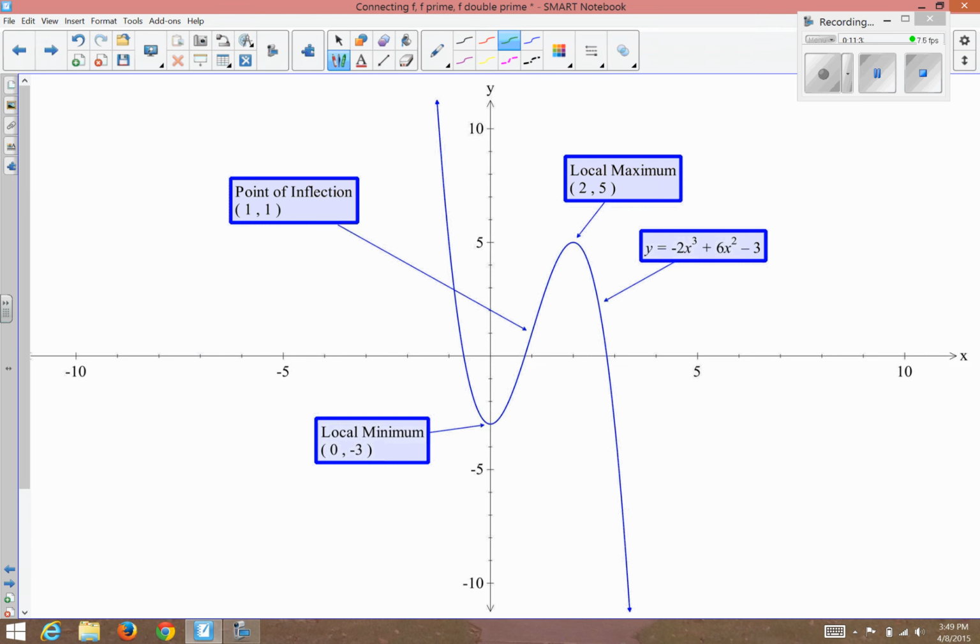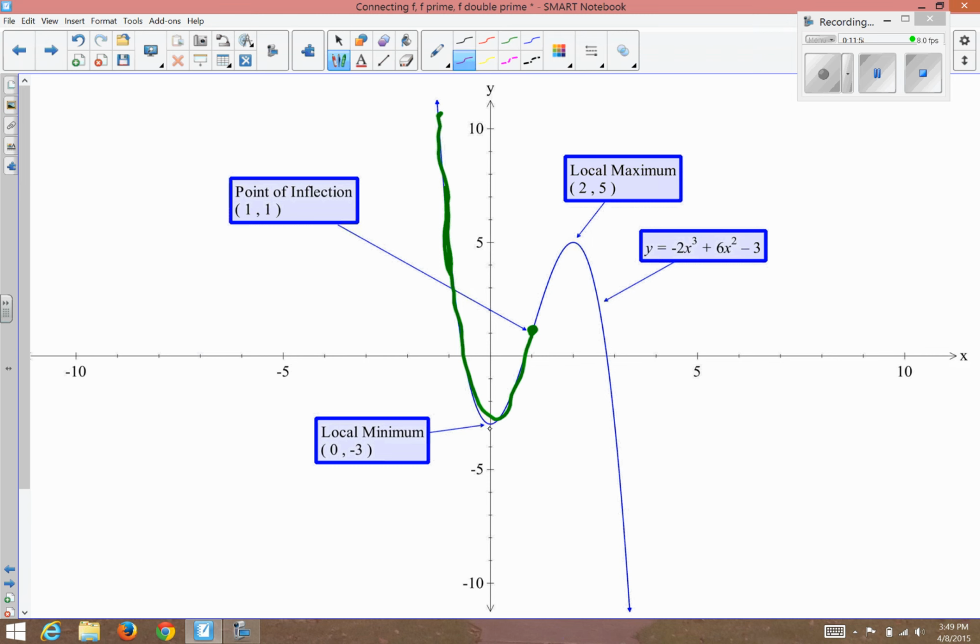If I trace this graph all the way up to its point of inflection, I would say to you, all of that green is concave up, because if you draw a tangent line anywhere on the green, the tangent line will be below the green.